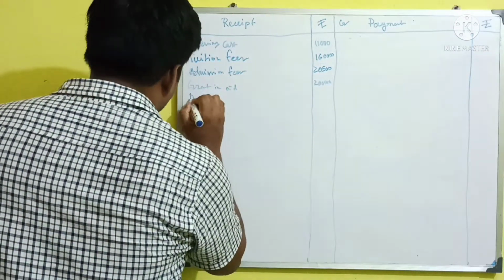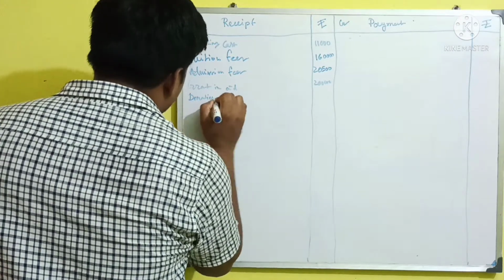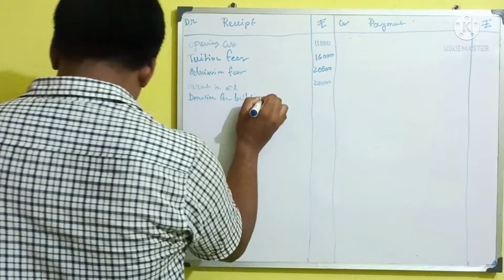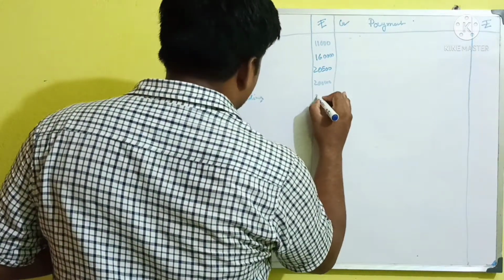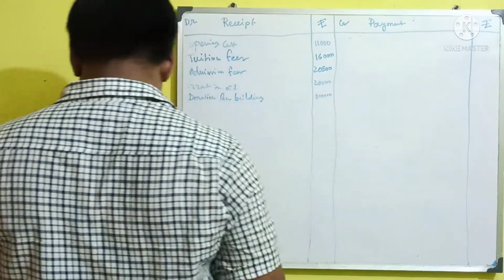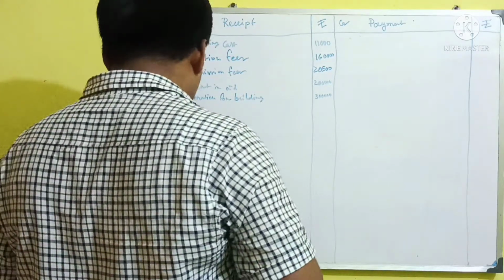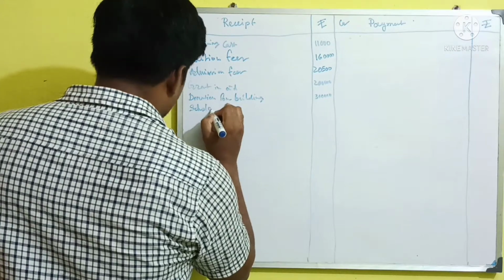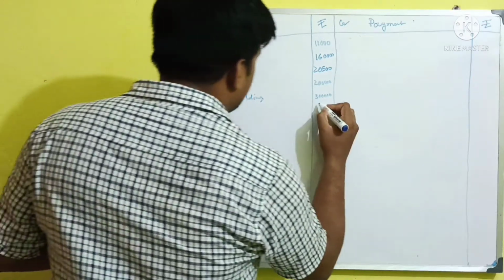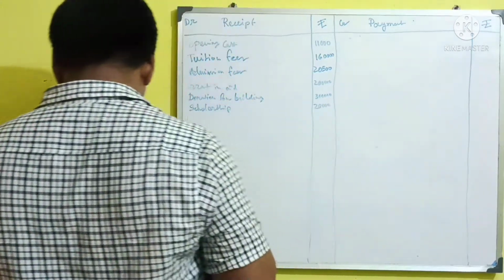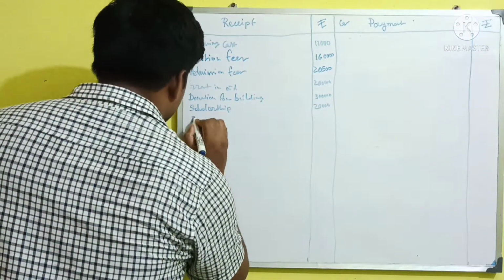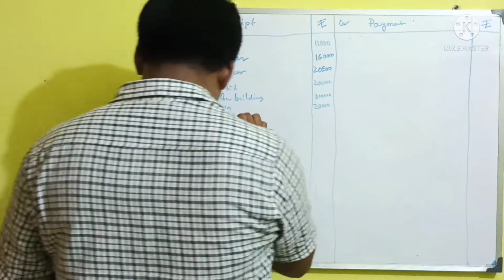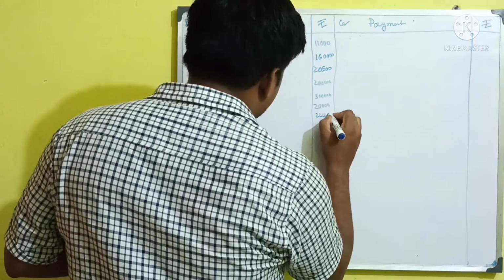Donation for building 3 lakh. Scholarship received 20,000. Book grant, grant for book, 22,000.